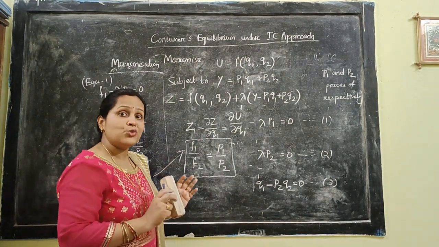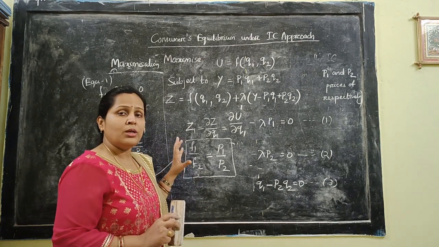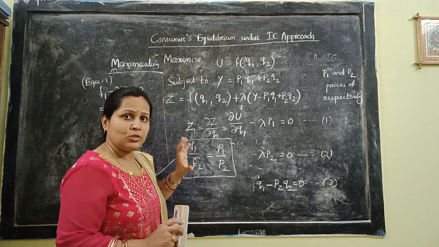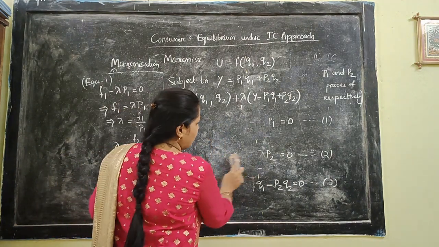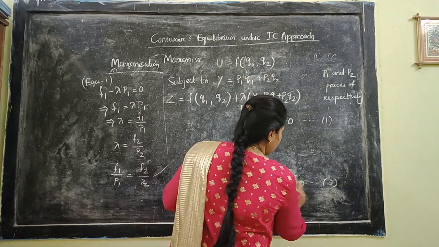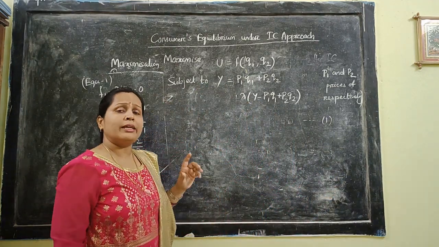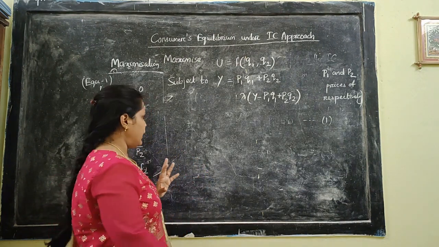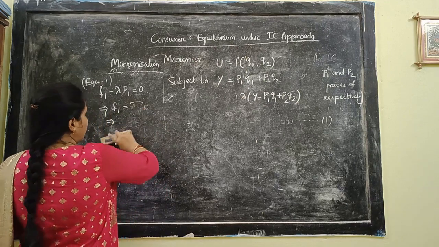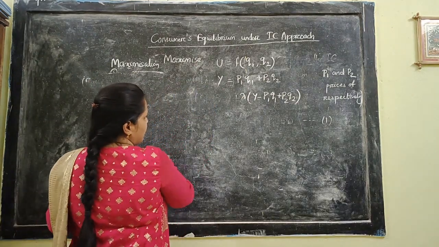Since it is a constrained optimization problem, we have to take the help of the bordered Hessian determinant. So let's move to the bordered Hessian determinant, which is formed taking the second partial derivatives into account.